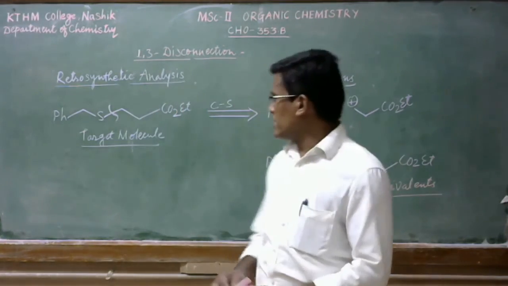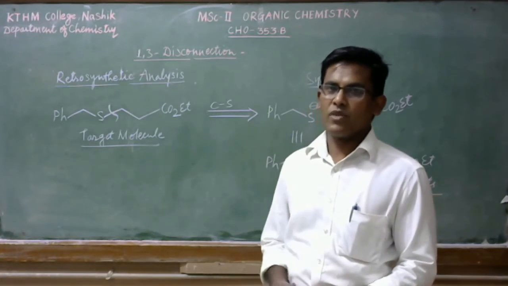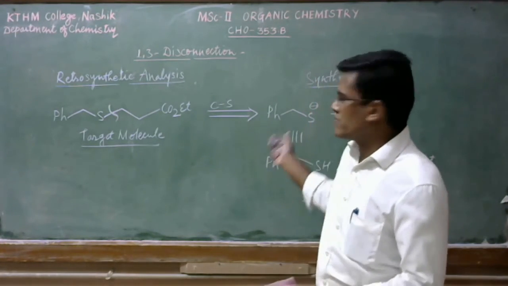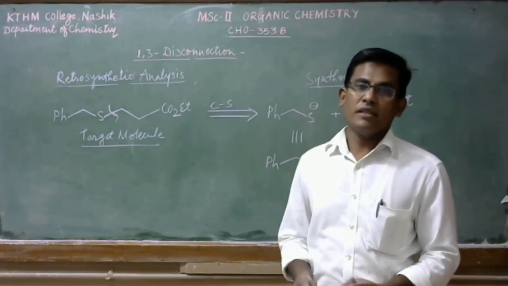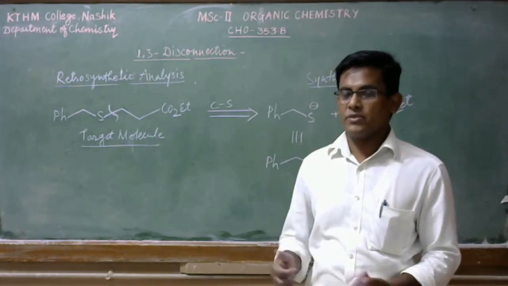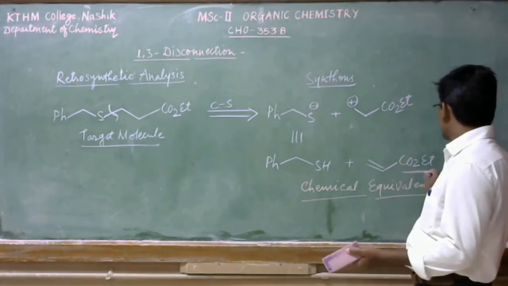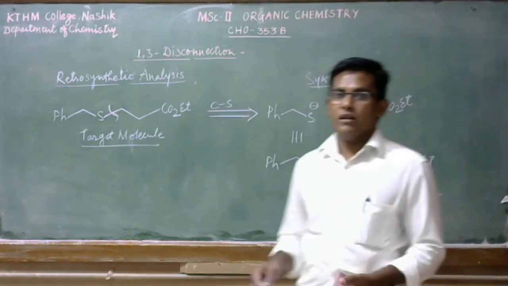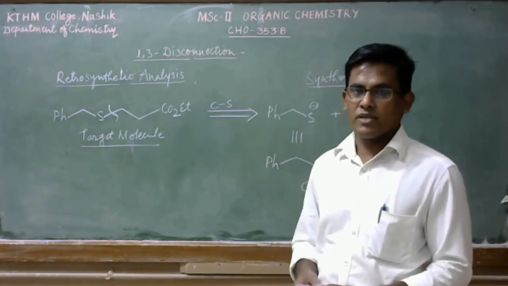So this is how the retrosynthesis works for this particular thioether target molecule, and this kind of synthesis can be available only in alkenes where an electron withdrawing group is present. For example, here an ester group is there, so we can also have a nitro group or a cyanide group.